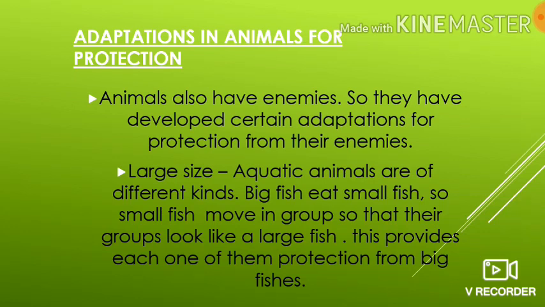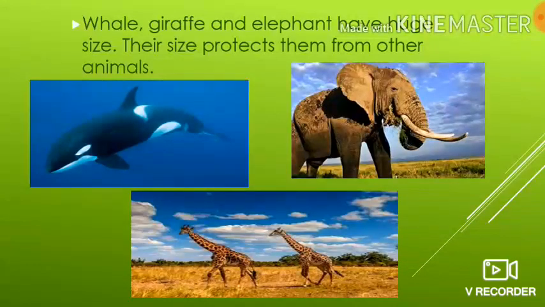Big fish eat small fish, so small fish move in groups so that their groups look like a large fish. This provides each one of them protection from big fish. And whale, giraffe, and elephant have huge size. Their size protects them from other animals.